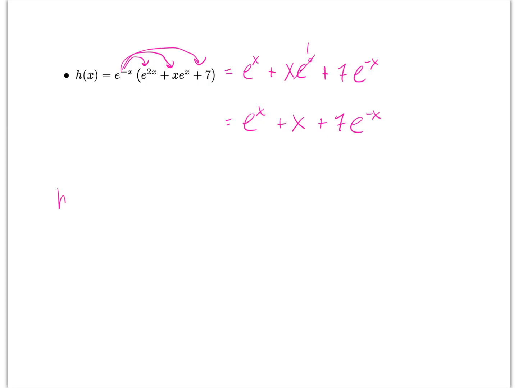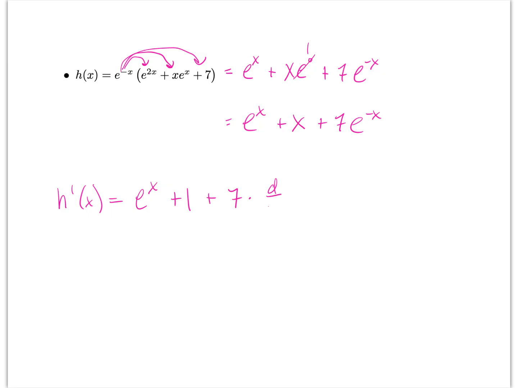And now I can apply my derivative rules pretty straightforwardly. So the derivative of e to the x is e to the x. The derivative of x is 1. And the derivative of 7e to the negative x. Well, the 7 is just a constant in front of a function, so I'm going to keep that there.